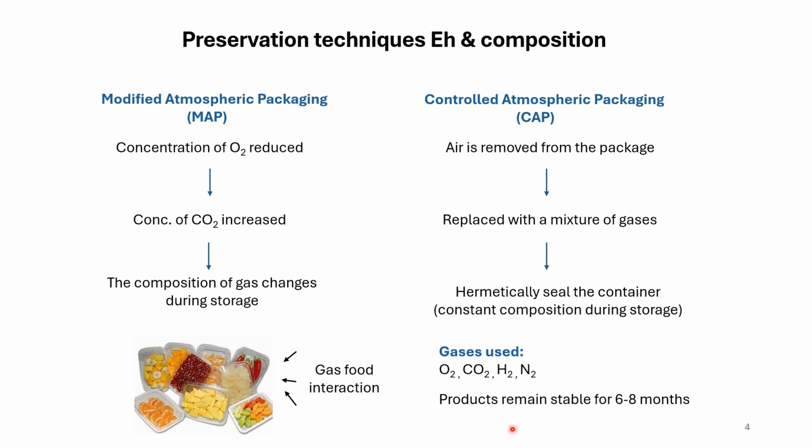This results in a product that can remain stable for about 6 to 8 months. When I say stable, it's definitely microbially stable. I'll discuss this further in one of the other videos, wherein we'll be taking up modified atmospheric packaging and why a specific gas is used in order to carry out the packaging.